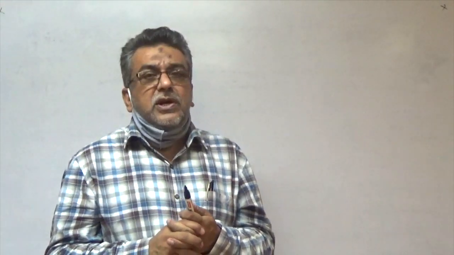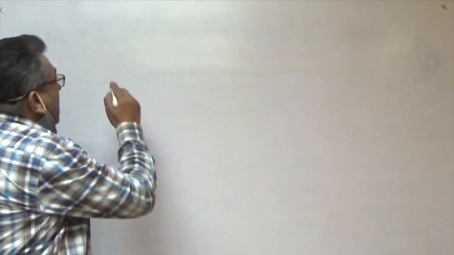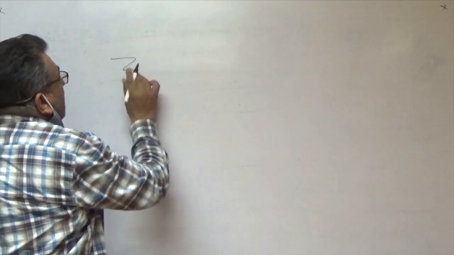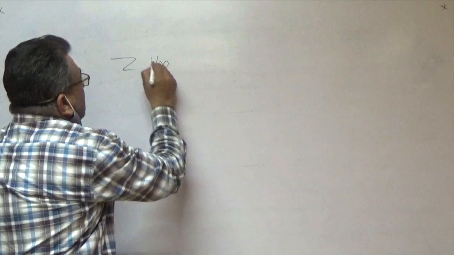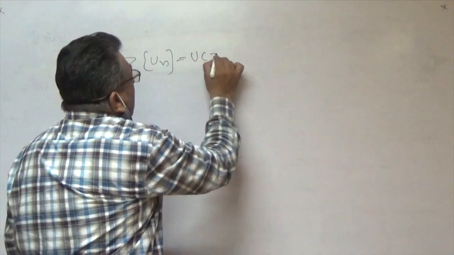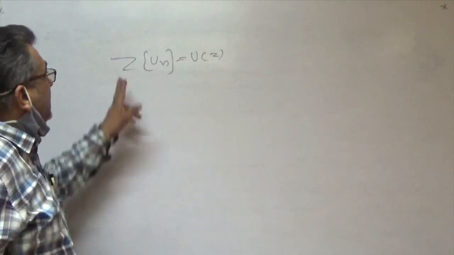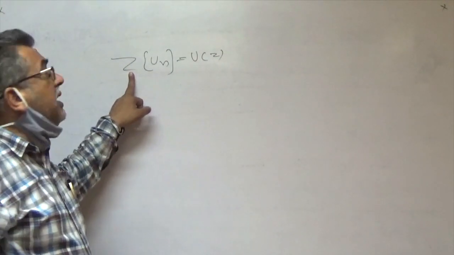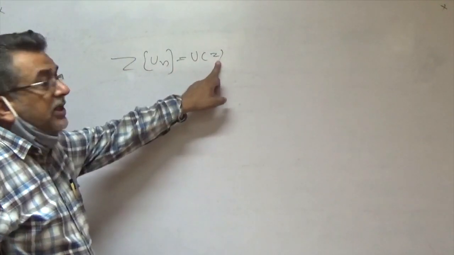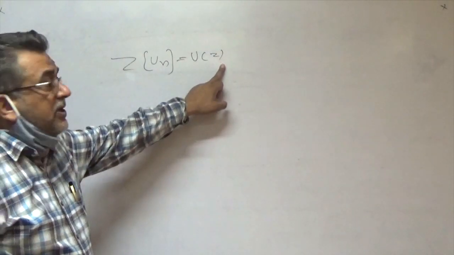Right now, if we have any sequence, we take the sequence and we take the Z transform. We denote this Z transform as a function of Z. Here this capital Z denotes the Z transform, and this small z denotes the complex number z equal to x plus iy.